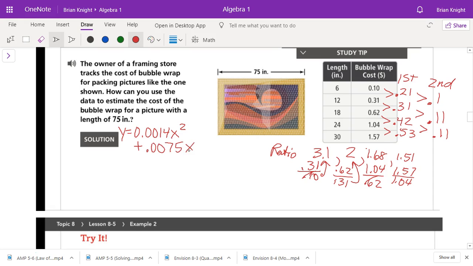And then what was C? 0.002. Okay? And they want to know what the cost is going to be for bubble wrap with a length of 75 inches. So what do I do with 75? Plug it in. So bubble wrap, that's the latest, that's the new craze. Wait, so we have to find the equation too? You have to find the equation so you know what to plug 75 into.